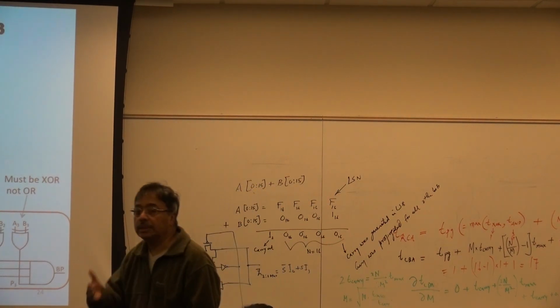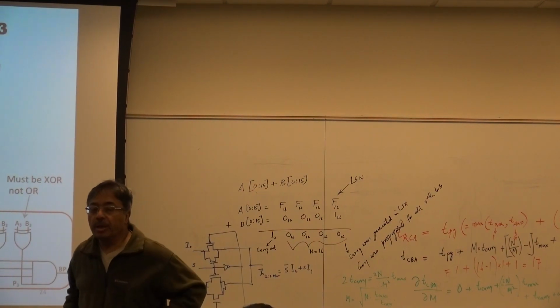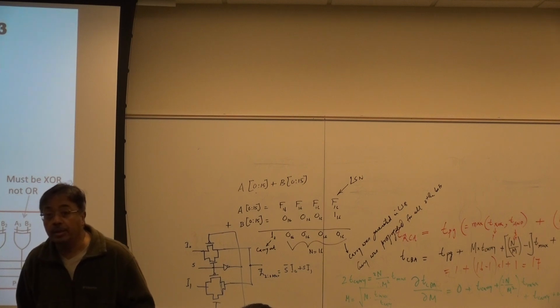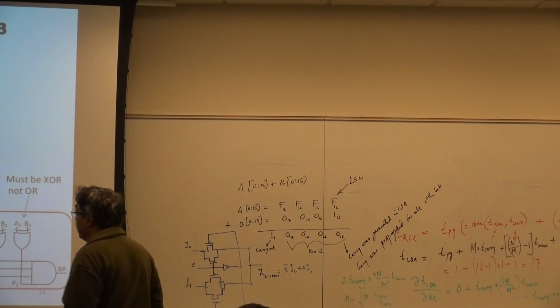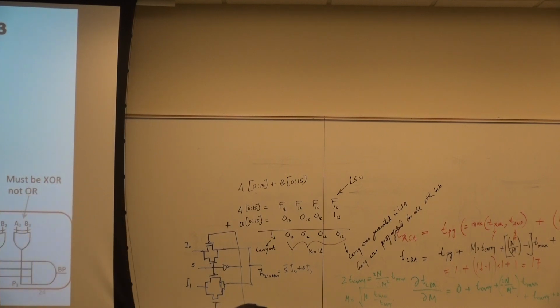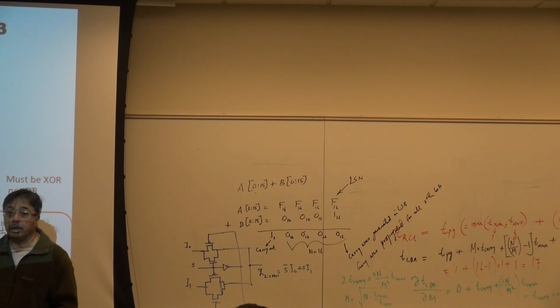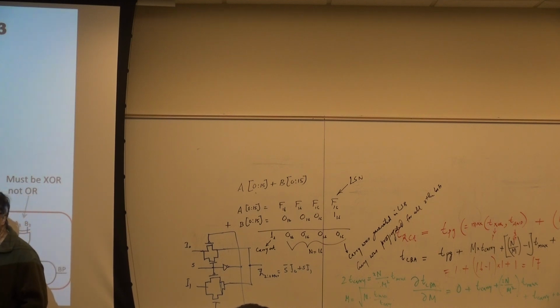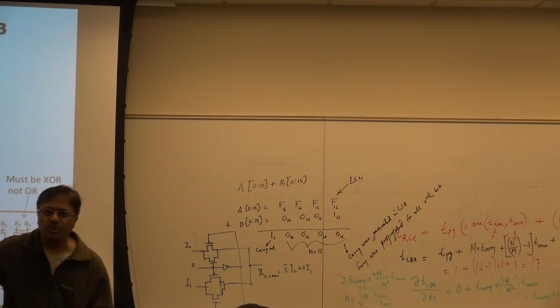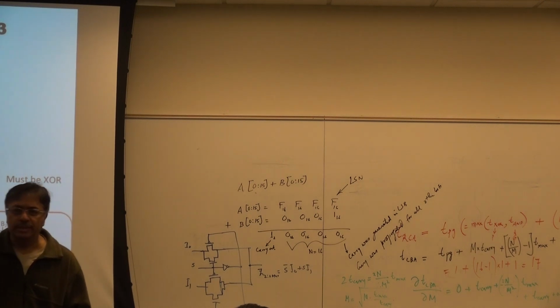Yes? Is there a name for that chain, this chain right here? Pardon? Is there a name for this carry-out generation circuit? Oh, this one? I just took an example to show how these things are implemented.